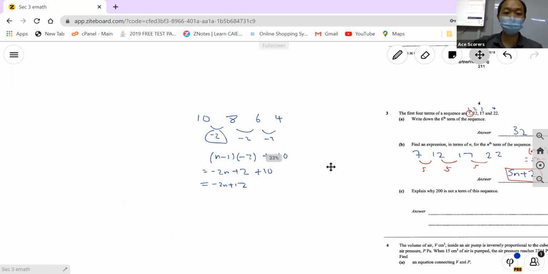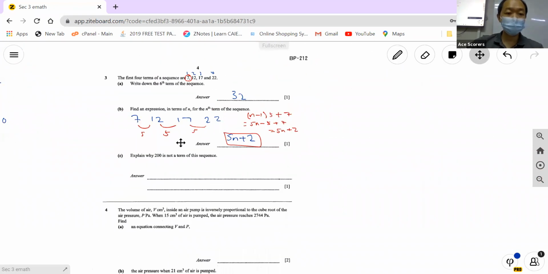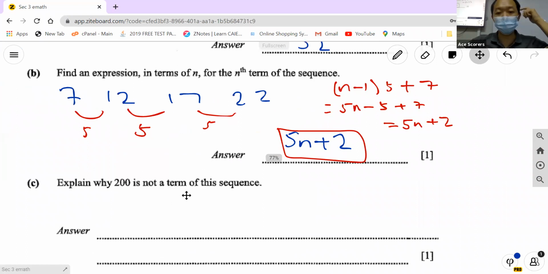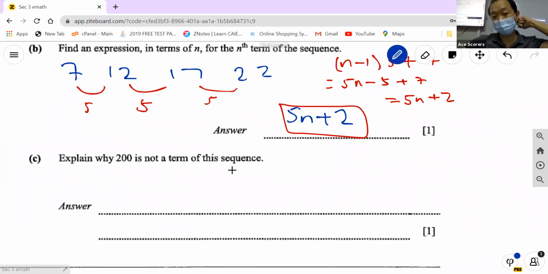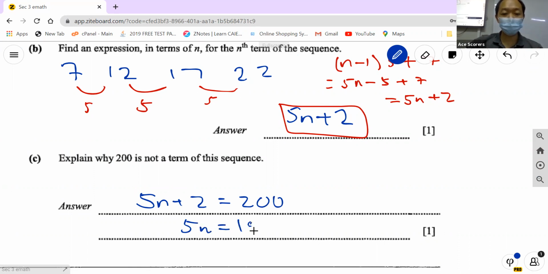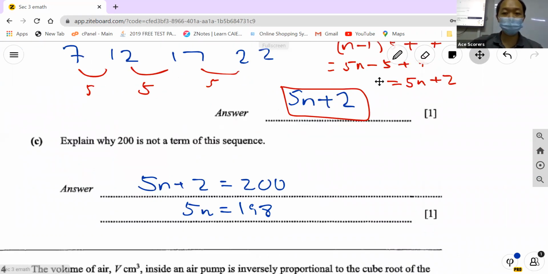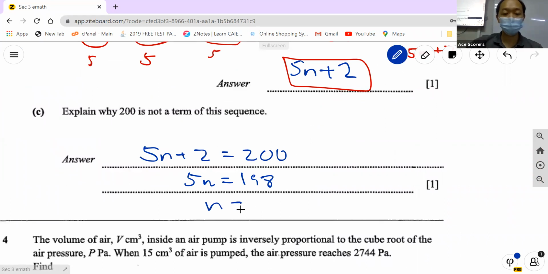Okay, next. So I explain why 200 is not a term in this sequence. What we do is we equate this: 5n plus 2 equals 200. 5n equals 198. So you see that n equals some decimal, 198 divided by 5, 39.6.